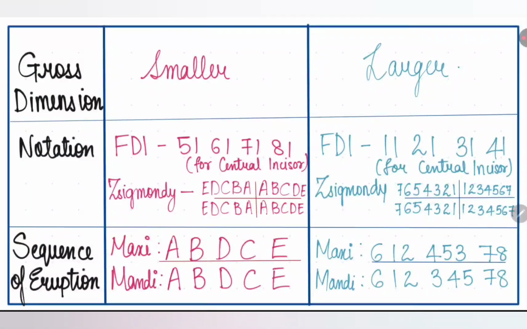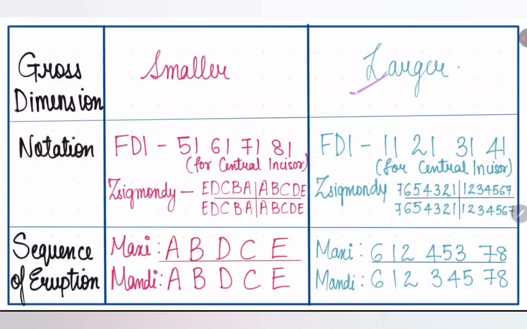Let's go to the next, which is the gross dimension. It is so simple. The gross dimension of primary teeth will be smaller. Why? Because the jaws are smaller, teeth will also be smaller, and the permanent tooth will have a larger dimension since the jaws are larger.